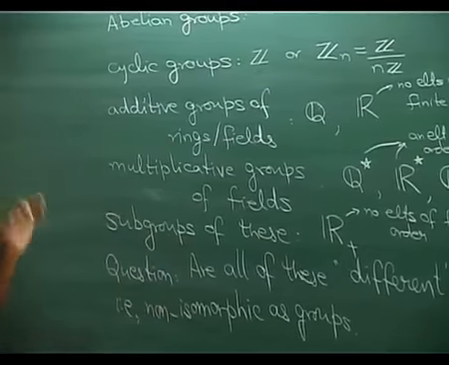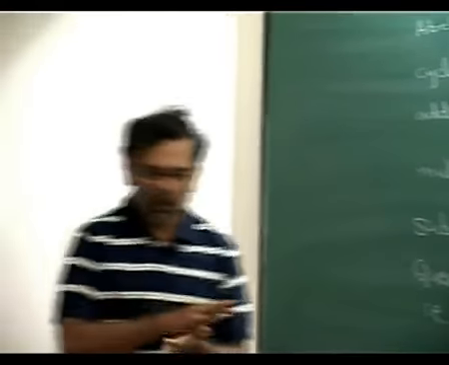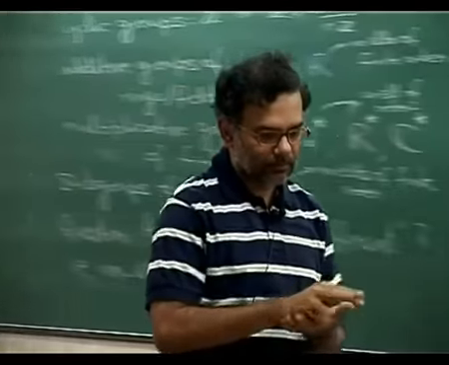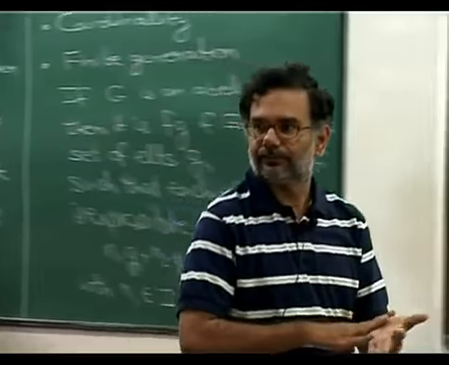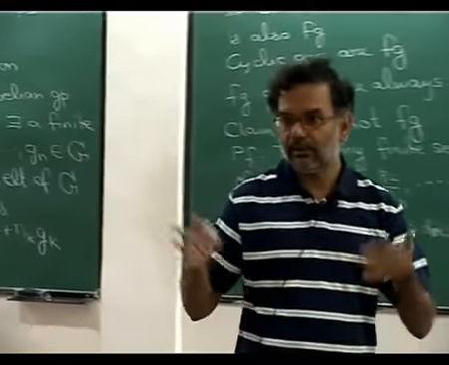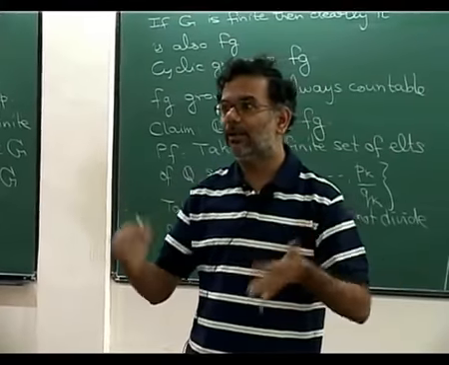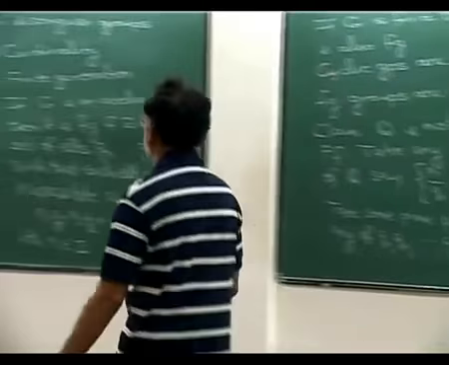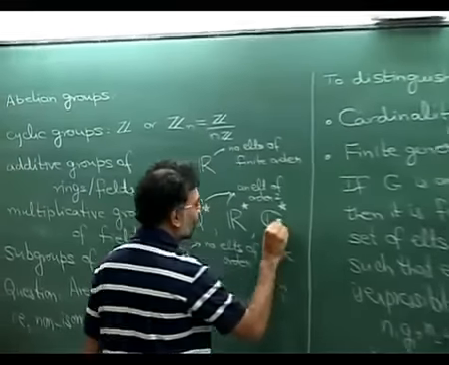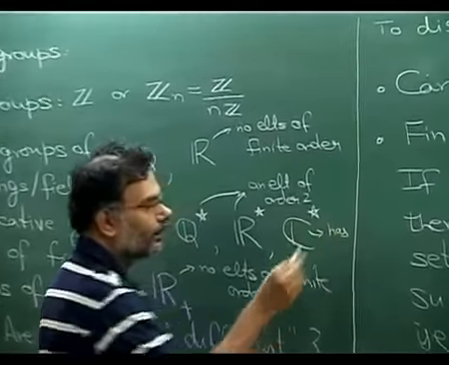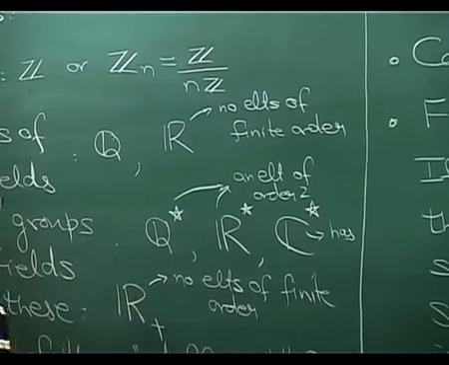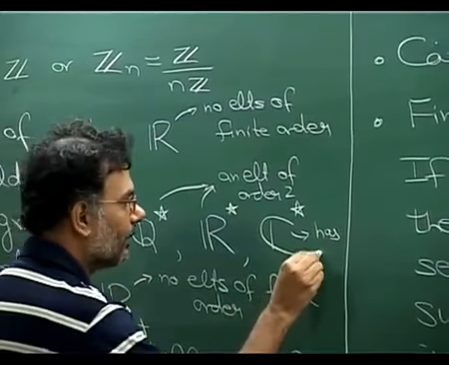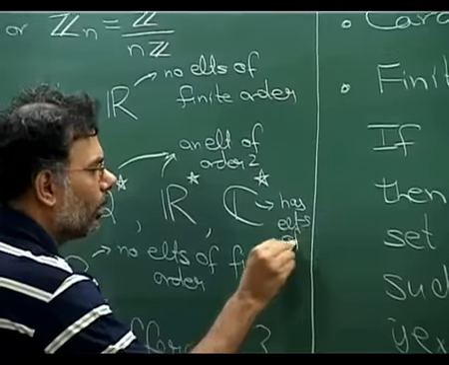What about C star, non-zero complex numbers under multiplication? Again same reason, it has elements of order 2, it has elements of order 3, it has elements of order 4, it has elements of every possible order. The roots of unity are all of finite order, so it has elements of all orders.